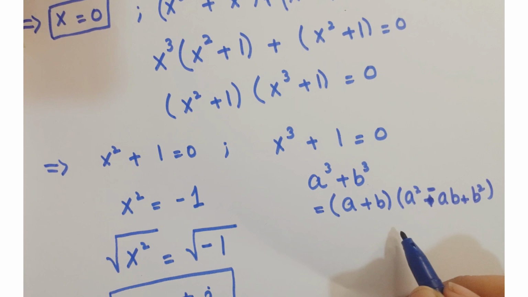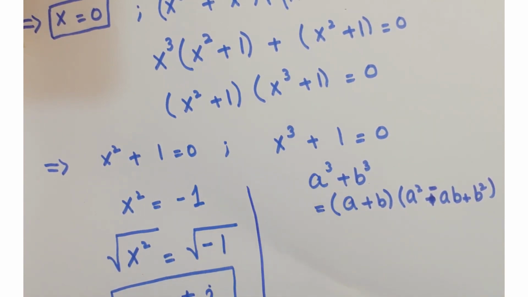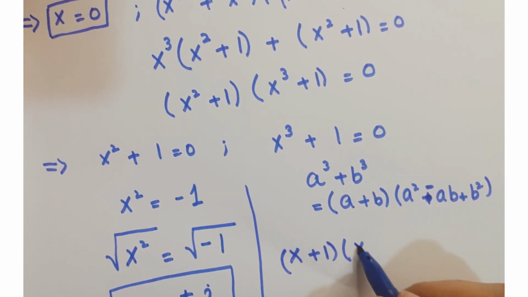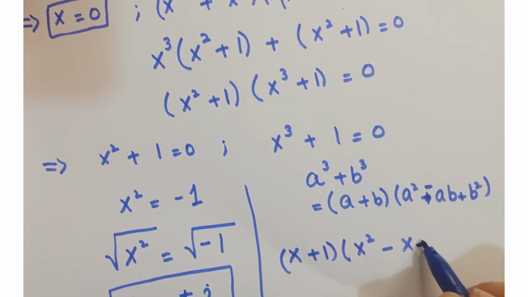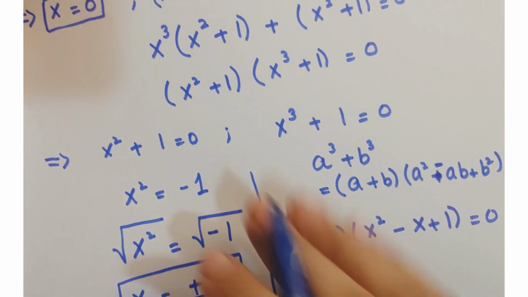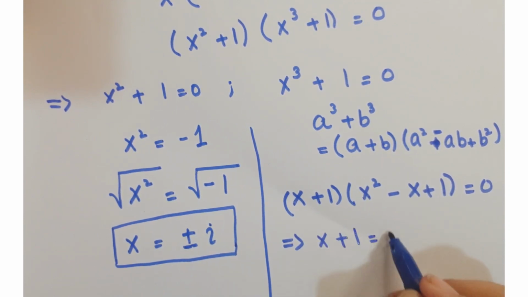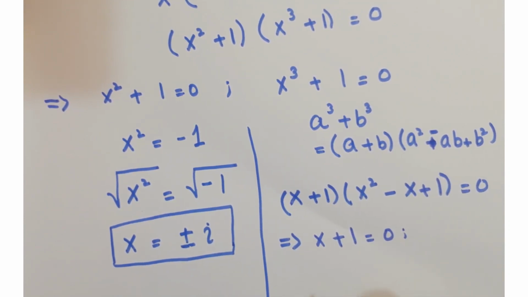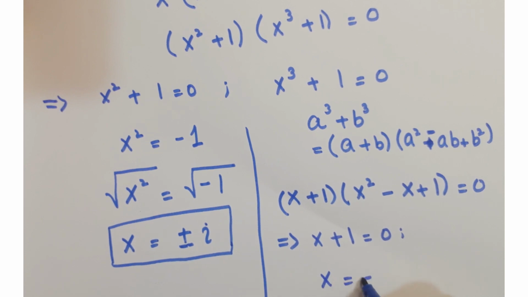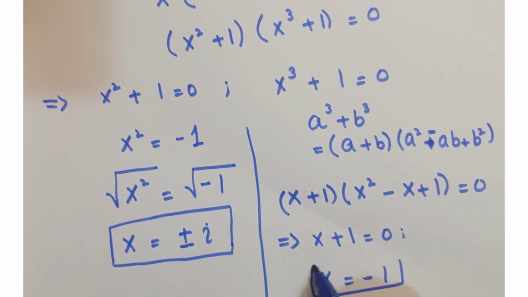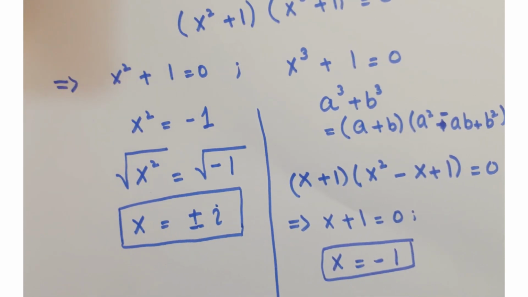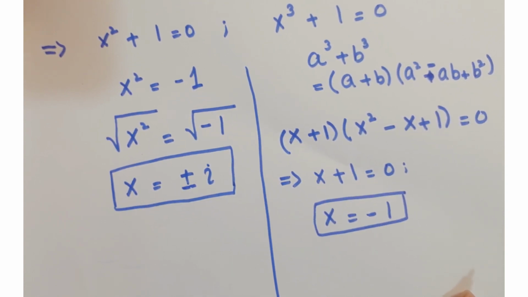Now x cube plus 1 can be written as x plus 1 into x square minus x plus 1 is equal to 0, or you can say x plus 1 is equal to 0. This implies that x is equal to minus 1. So this is the fourth solution of x.